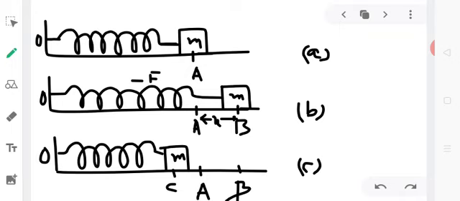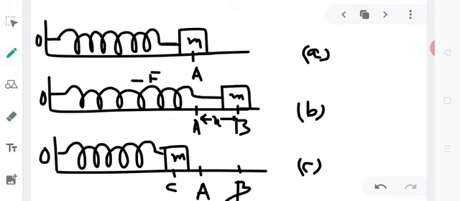I am talking about the first figure, that is A. Now the position of the body A when spring is unstretched is chosen as the origin.